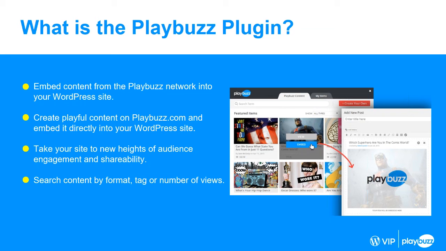As I mentioned, the metrics, the engagement and shareability that you're going to see with these items will be much higher than just regular passively consumed content. And you will be able to search for the engaging items that you want by different sorting types, like by format, by tag or specific topic that you want to find, or by the number of views that the item has.